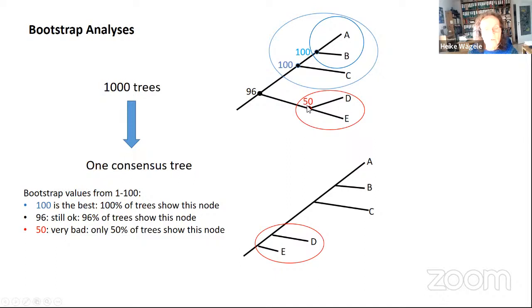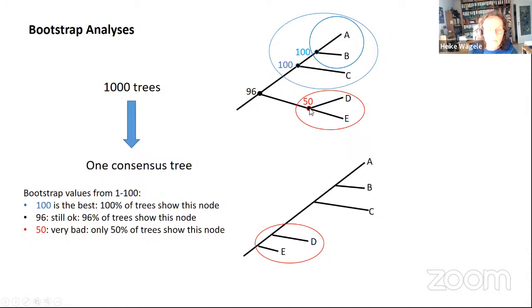In the other 500, it found something else, maybe something like this. So it tells you the consensus tree that it finally shows you. With these numbers, it shows you how reliable or how well supported the node actually is.